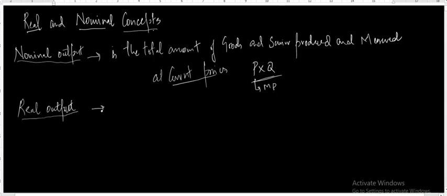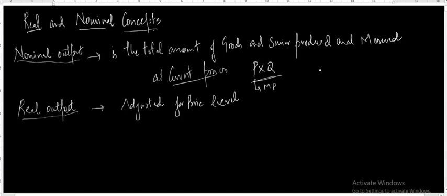In this case, it is the total amount of goods and services adjusted for price level. Now I just want you to hold the thought over here, and then we'll be talking about these two concepts.